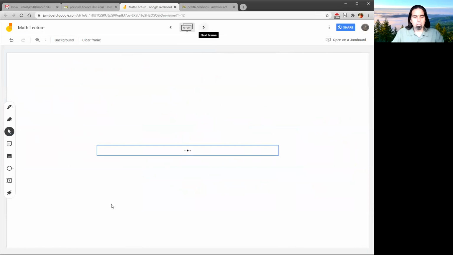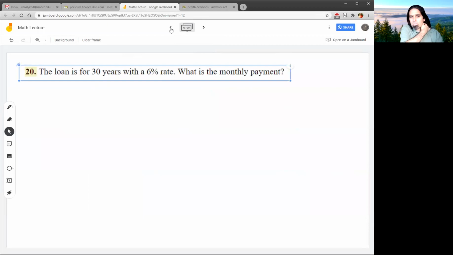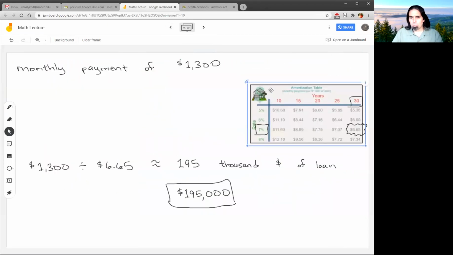Next part, the actual loan they have is, again, 30 years and 6%. So let's get that little chart.